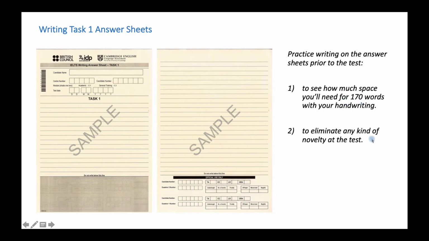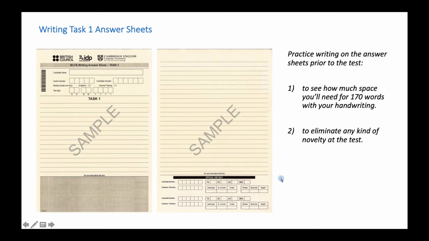Also, you need to eliminate any kind of novelty at the test. So when you come to the examination, you have to be fully prepared for what's going to happen at the exam. So before the test, make sure that you print out these forms. They're going to be attached with the course. And you can also find them anywhere on the internet. They're in public domain. So download them, print them out.